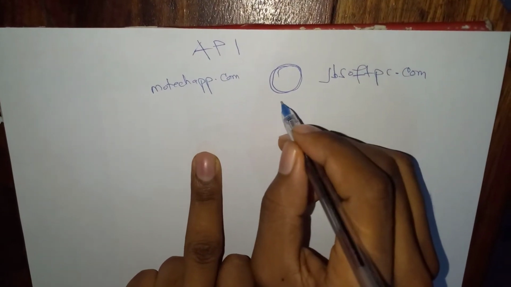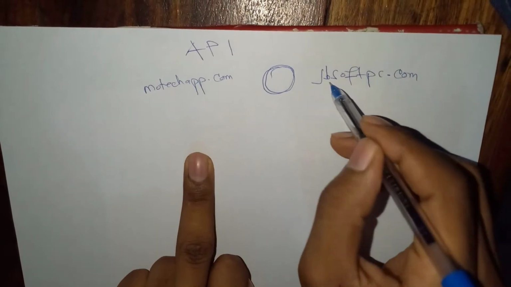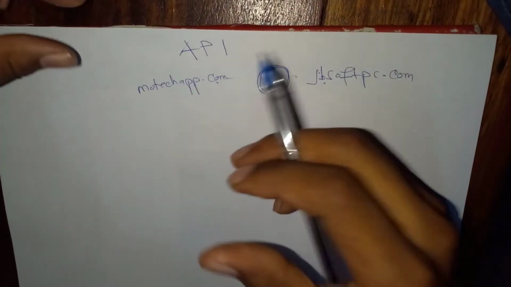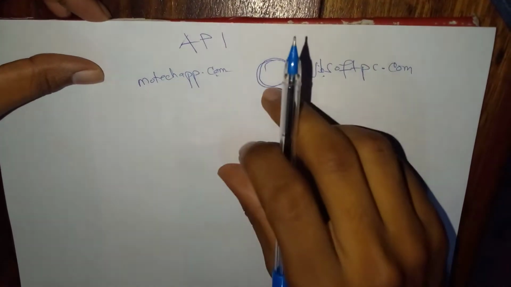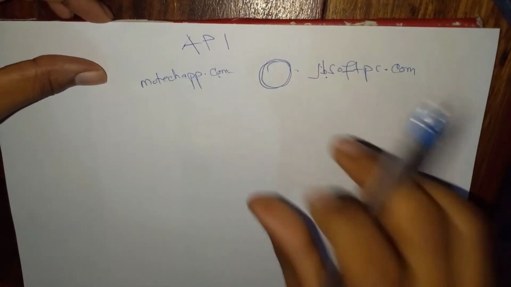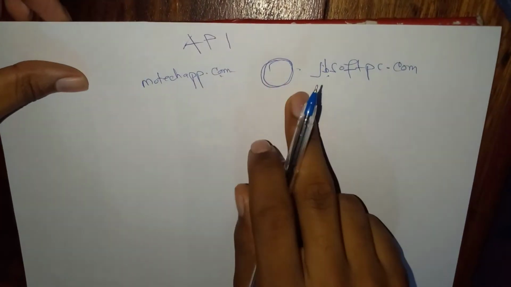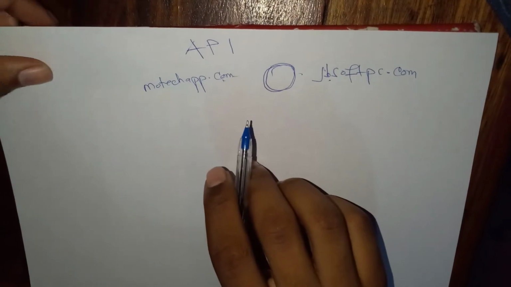This is software which helps motechapp.com and jbsoftpc to exchange data. So the meaning of API in information technology is just an intermediate software which helps the exchange of data between two applications.